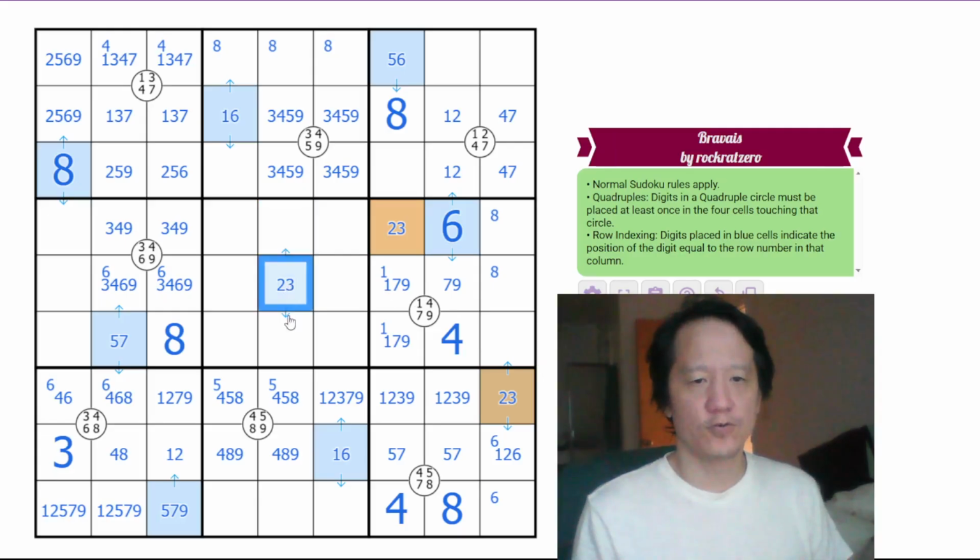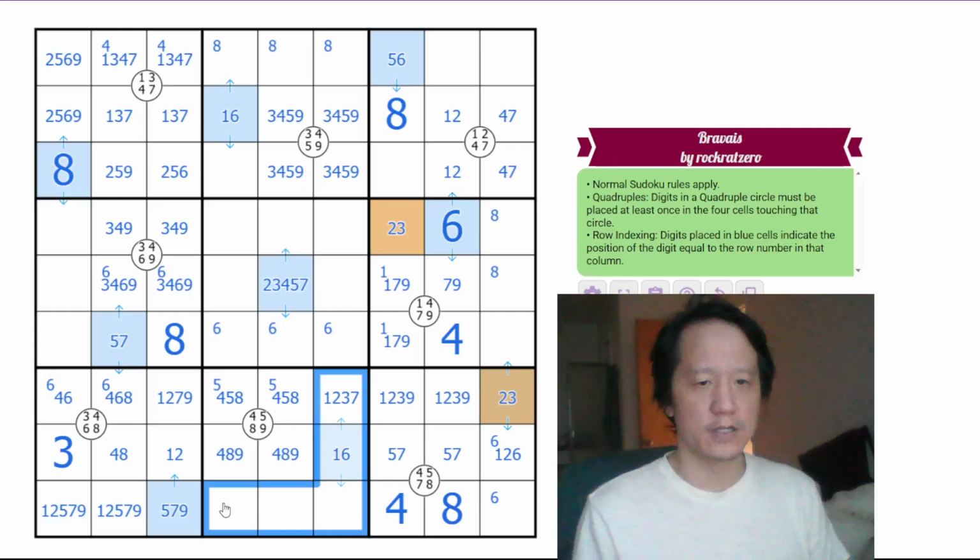It could be 4, 5, and 6. Except it can't be 6 because we know 6 has to be one of those two. So 6 has to be one of these three. It could be 7 or 8. No, it could be 7. It cannot be 8, and it can't be 9. So this can't be 9 here because of the 4, 5, 8, and 9 quadruple in the box.